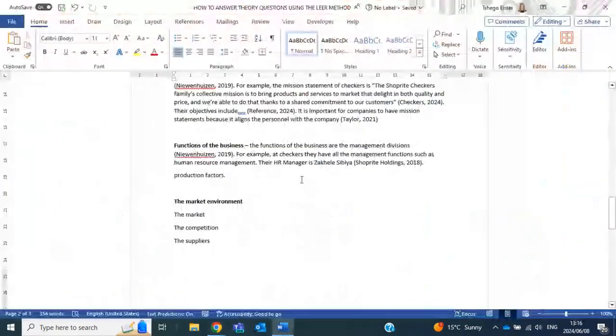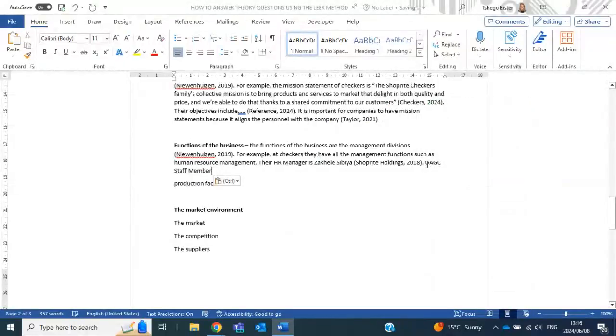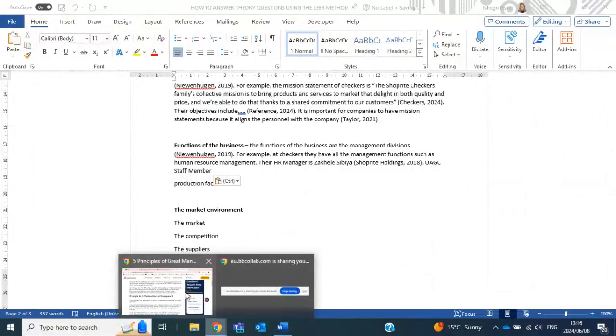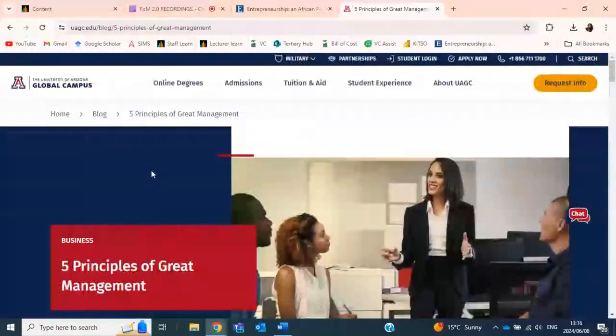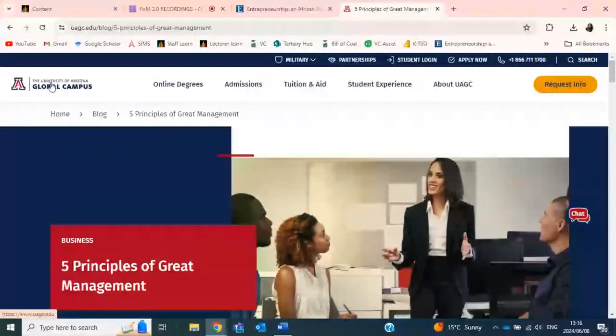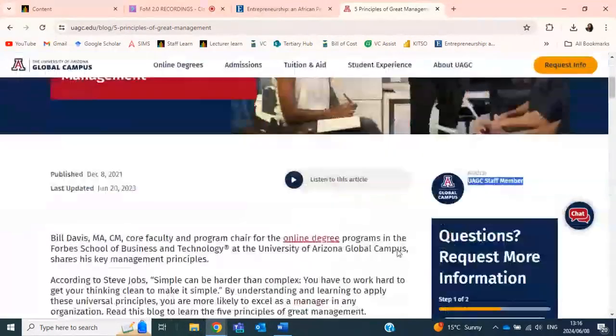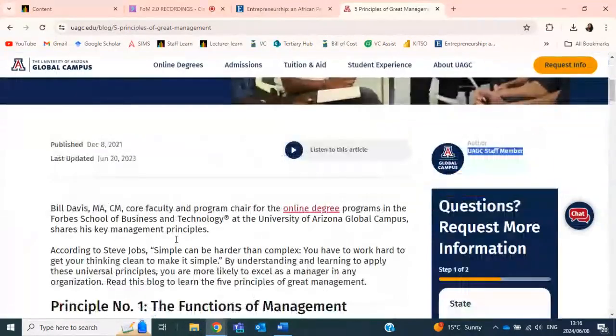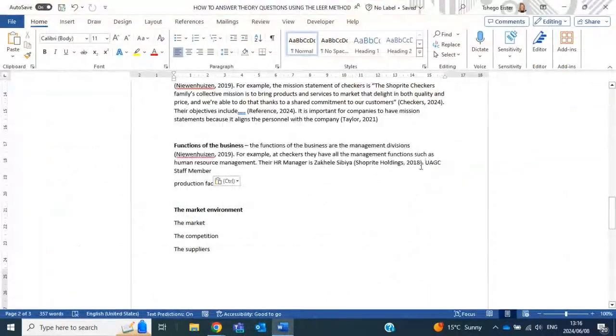And then you can simply go there as an additional resource. You can say UACG, and actually I don't think staff member is the right way to do this. UACG, and it's 2024, I think. Nope, 2021, updated 2023. So it's UACG, in brackets 2023.